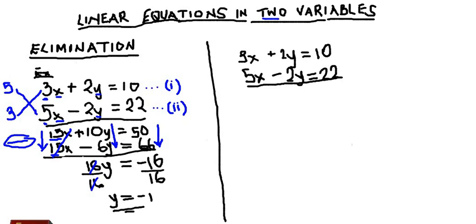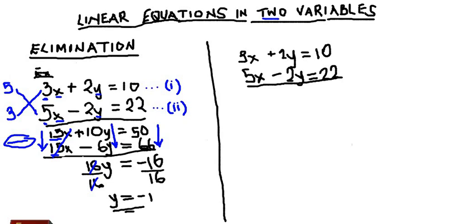We started by eliminating the variable x, and that process gave us y equals negative 1. Now in this step, we are going to eliminate the variable y.